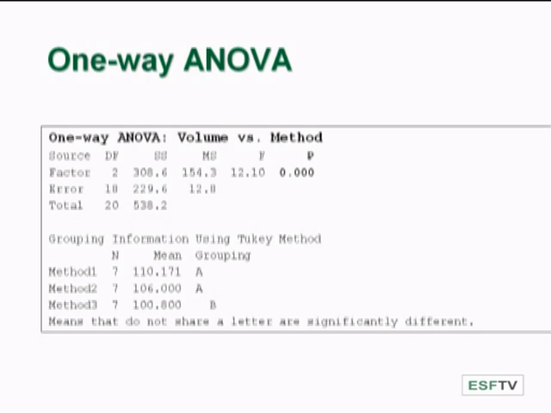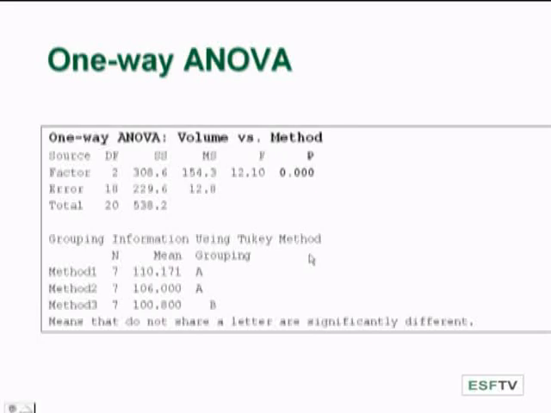We're going to reject the null hypothesis. Because we have rejected the null hypothesis, we now know that at least one of these treatment means is different. So the next set of output from Minitab is going to tell us which ones are different. So let's look at the next part of the output.